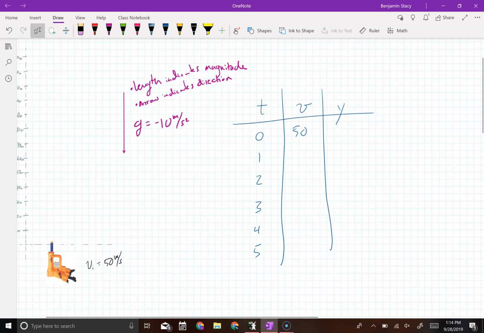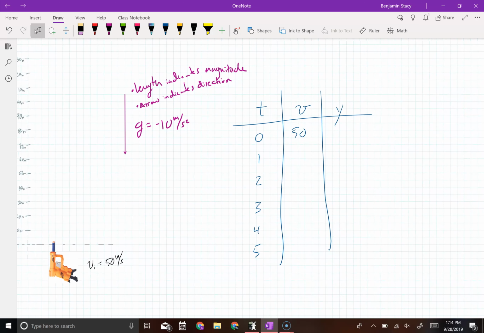What happens every second? Well, it's moving against the gravitational acceleration. We know it's slowing down, and it loses 10 meters per second of speed every second. So after 1 second, it's got 40 meters per second. After 2, 30. After 3 seconds, 20. 4 seconds, only 10. And after 5, it has 0 velocity, and that's when it reached its highest point.